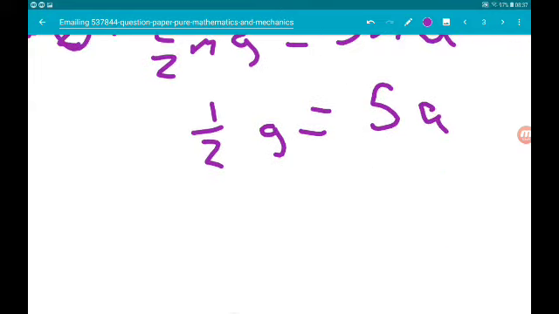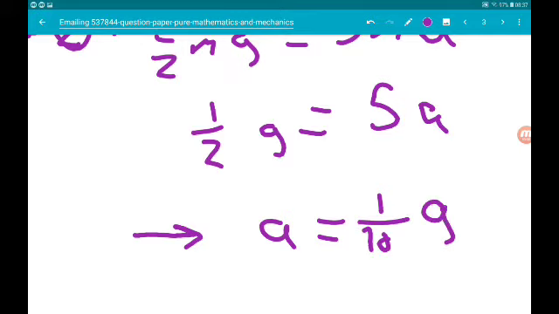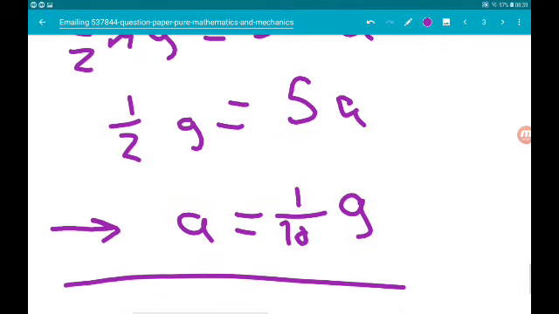So a is 1/10 times g. And I guess we should put units, so that's meters per second squared.